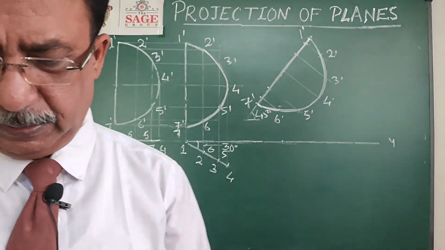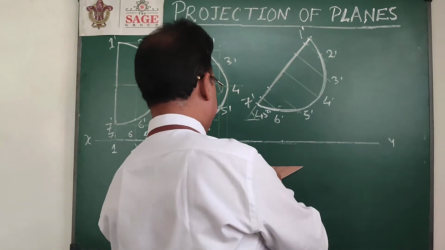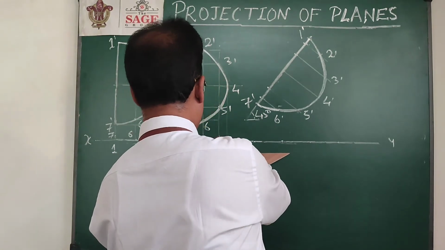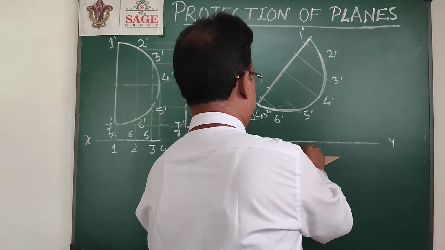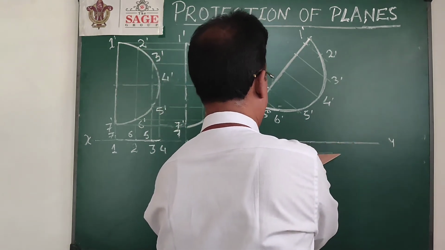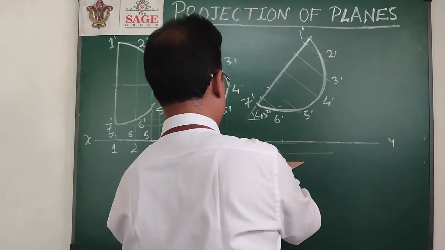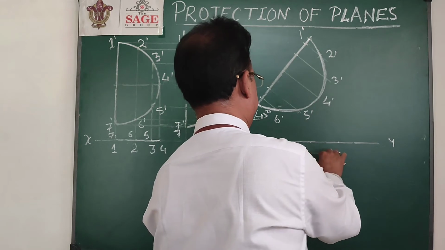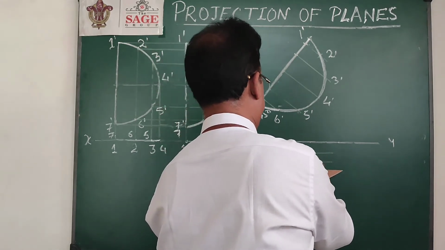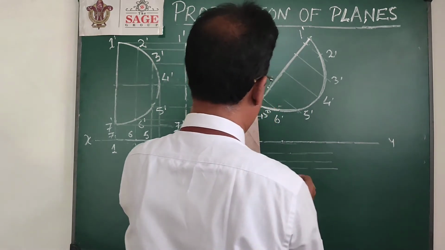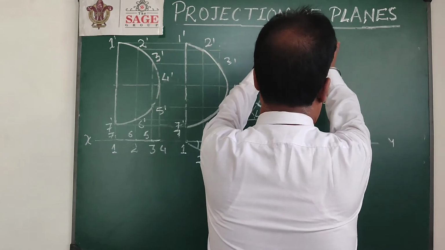Now with the help of this I can plot the top view. As you know that the distances in the top view will remain same. So I will draw initially the locus line from all these points in the top view like this. And draw perpendiculars from the front view like this.